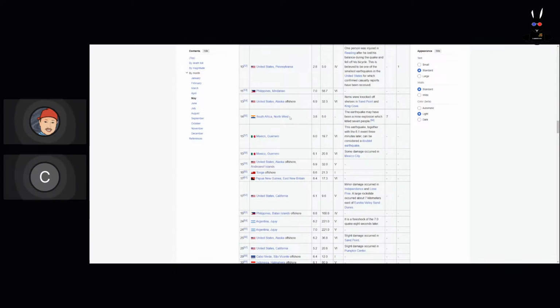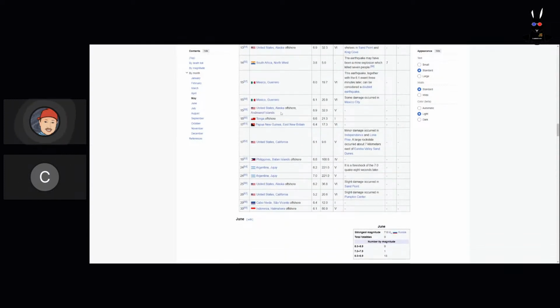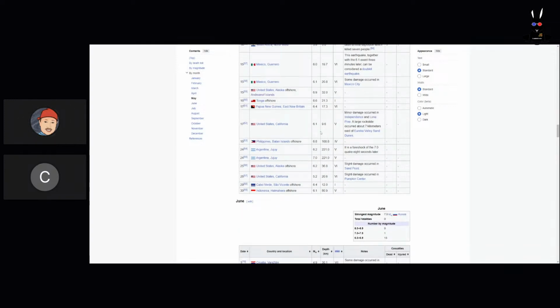Volcano was going off in 93 in Iceland. There's Guerrero, 6.1, 6.0. Offshore Andreanof Islands, 6.9. Lone Pine, wow, 6.1. So even Owens Valley set.